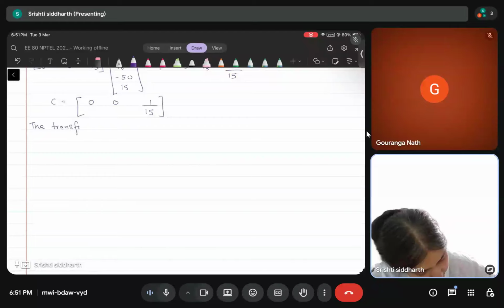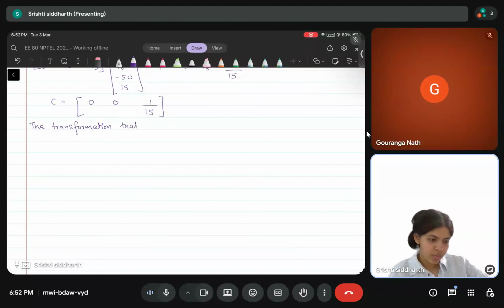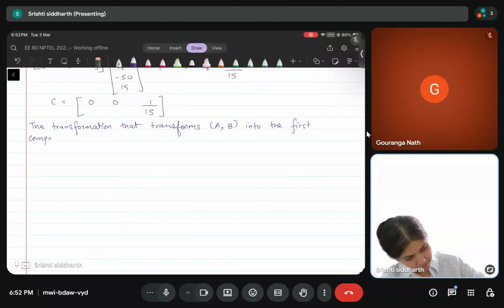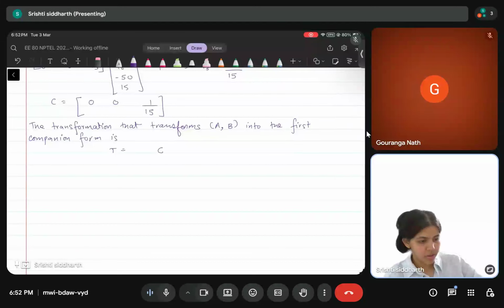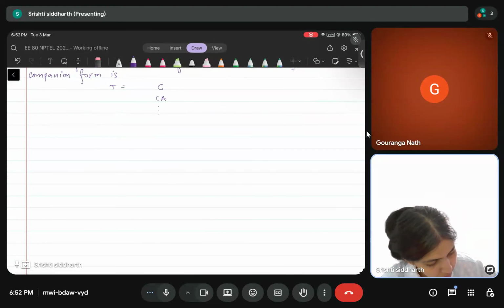So the transformation denoted by T, that transforms the system into the first companion form, is T equals C. Note that this C is not from the system properties, because that would be ABCD. For a general system, it is just C A to the power n minus 1.